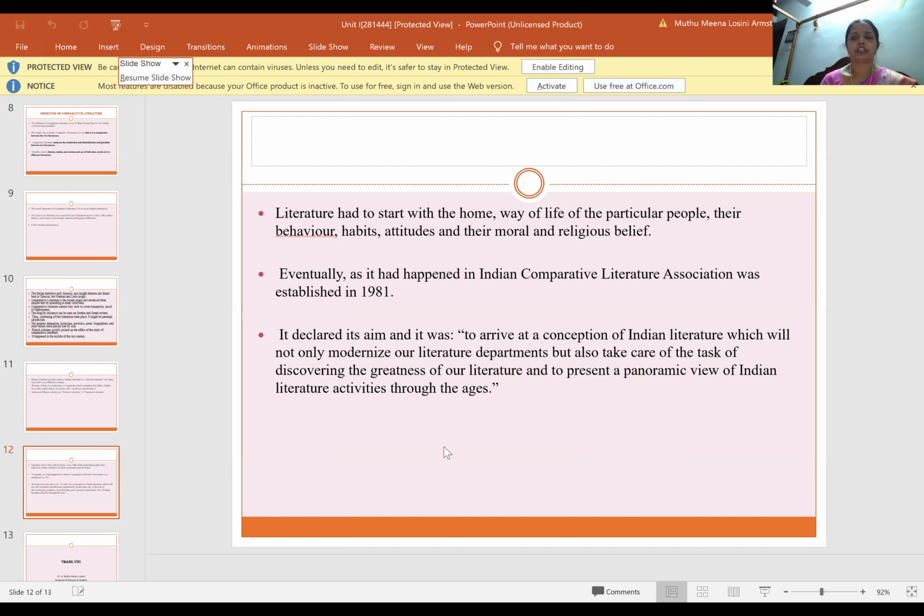This is how comparative literature has to be done for any piece of literature. So it is an initial step in learning comparative literature.